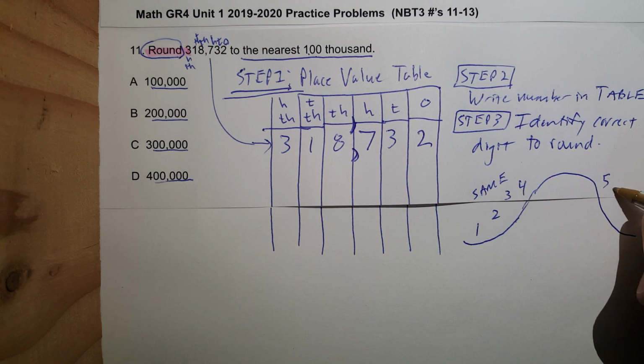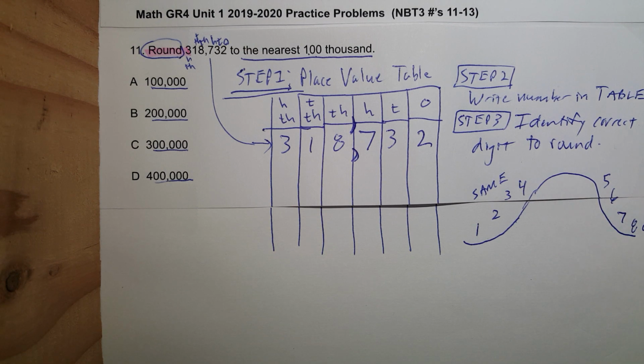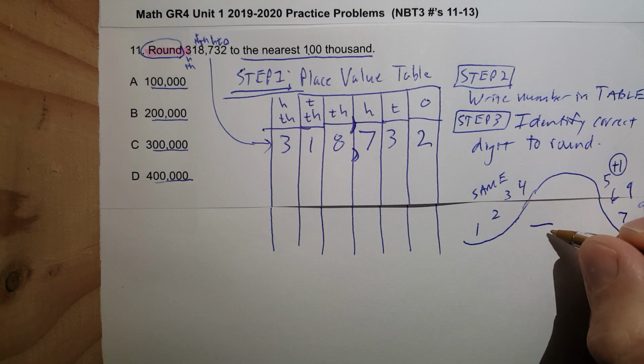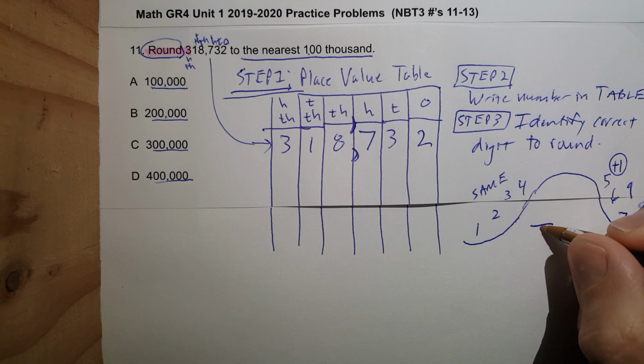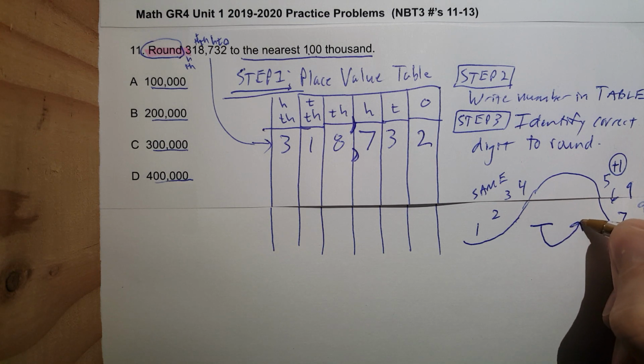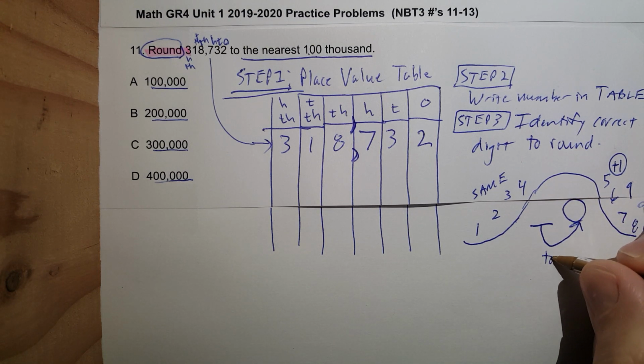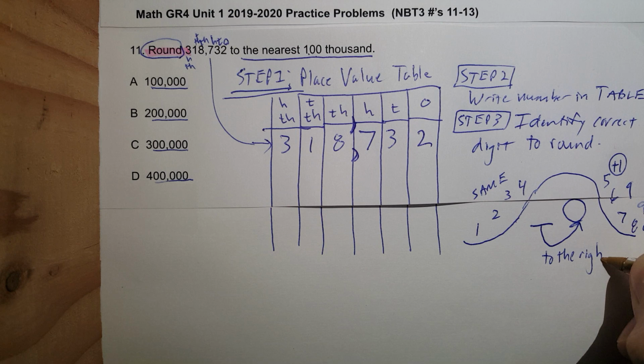If it's a 5, 6, 7, 8, or 9, sorry, this is a 9 right here. I'll put the 9 right there. Put it over here. We add 1. Then in the middle, what I like to put is we identify the digit, and then we look to the right.